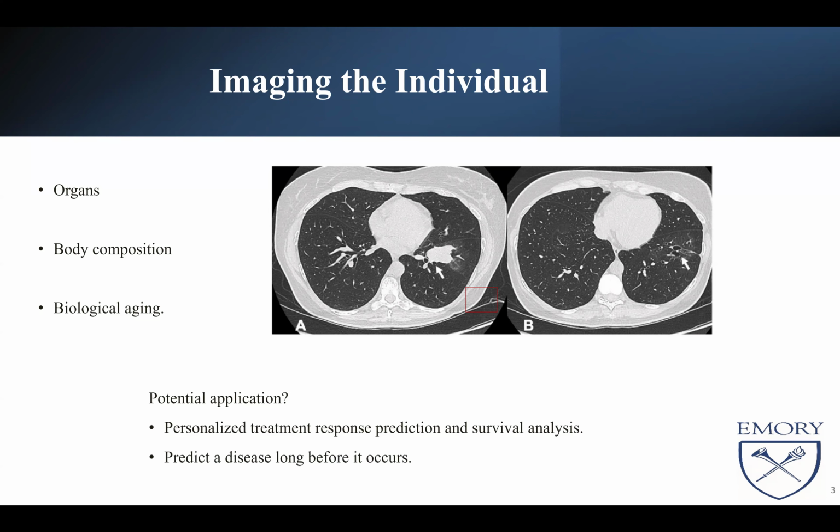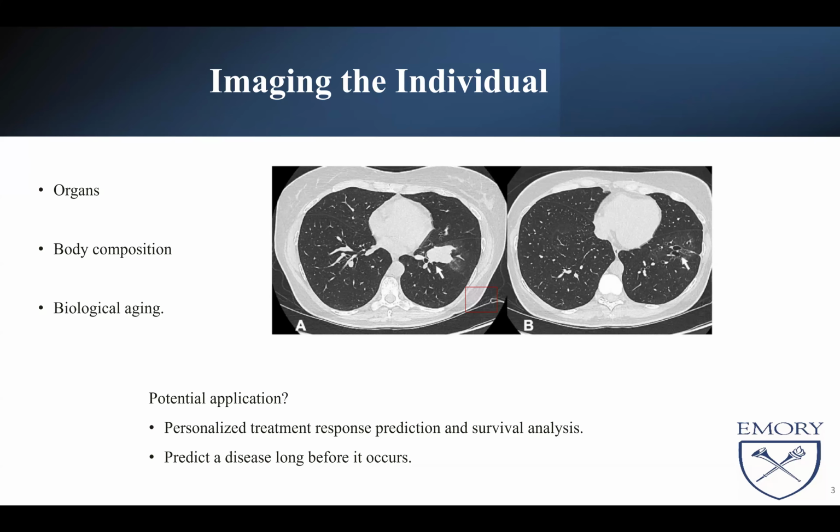Another way is to predict a disease long term before it occurs. Just imagine you can predict cancer 10 years before it happened. So in our lab, where we look at the eye, we use the images from the retina to predict advanced neuro disease 10 years even before it happened, and to predict cardiovascular disease 10 years before it happened.